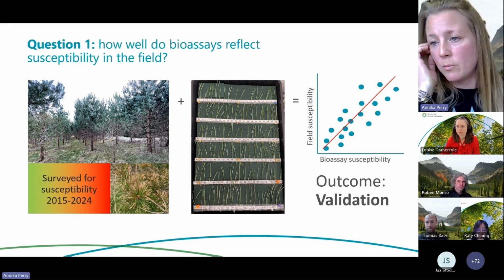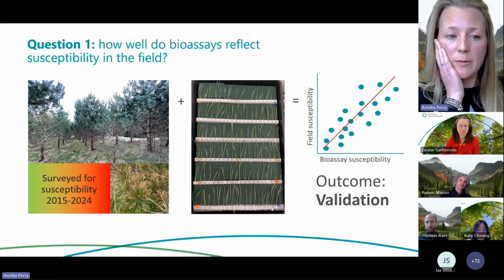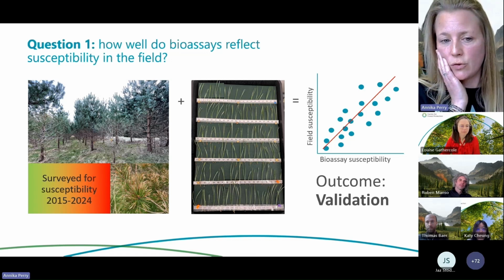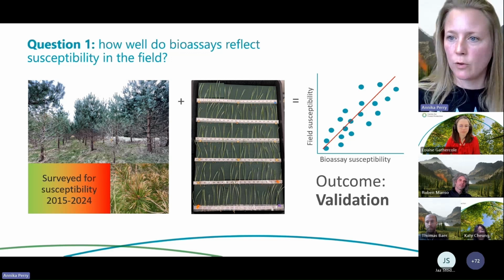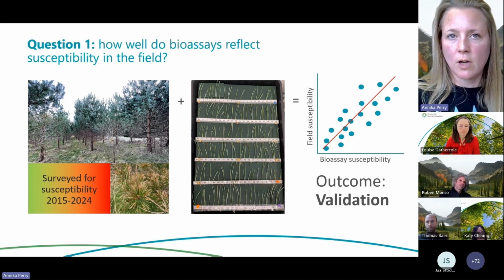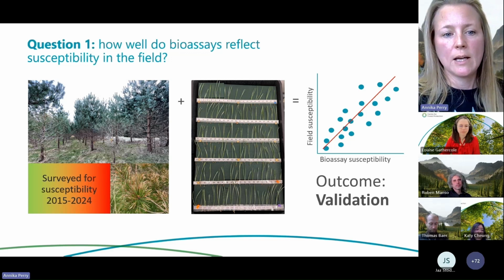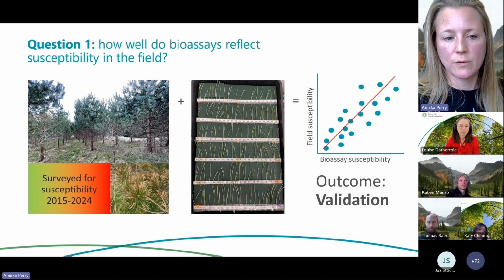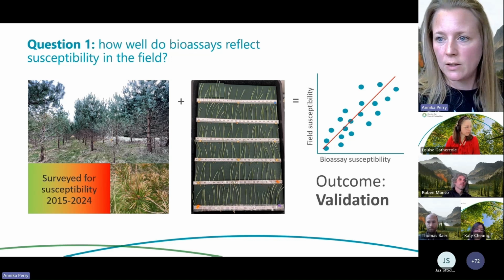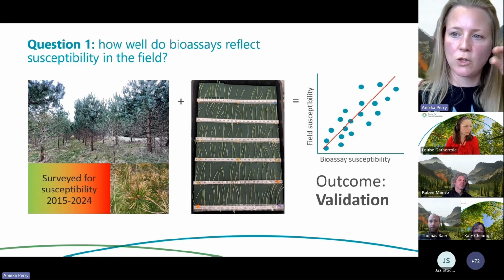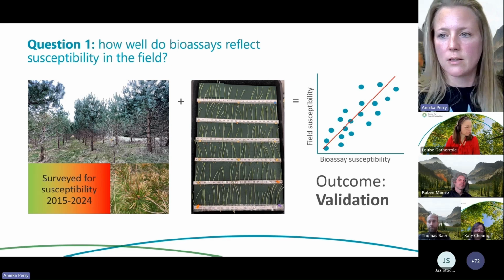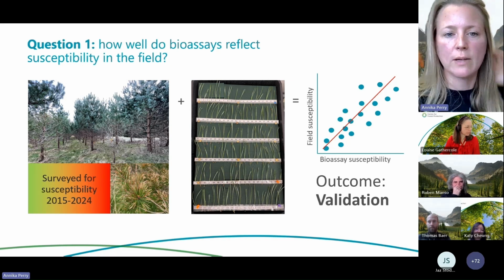But each year, with a couple of gaps, I've been assessing every single tree in the trial. We've got a nice distribution of trees ranging from high to low susceptibility. For those, I've got an individual susceptibility value for each tree. I've also assigned them based on the tail ends of the distribution. Some are assigned as resistant and some are assigned as susceptible based on their values.